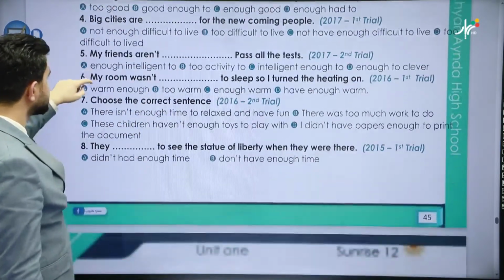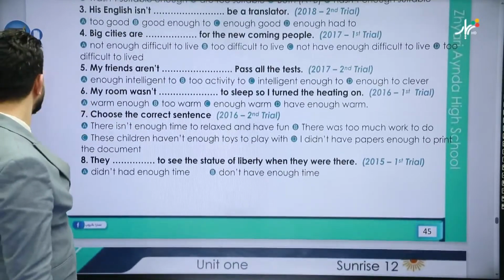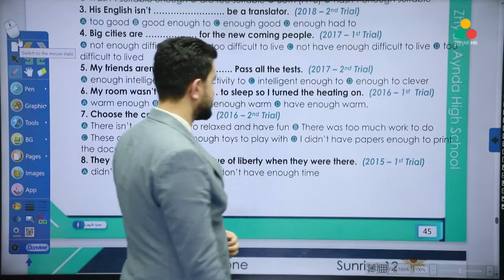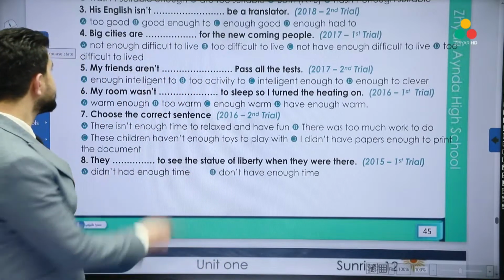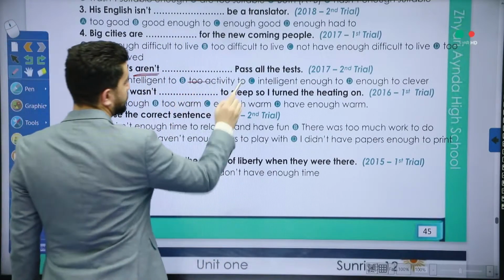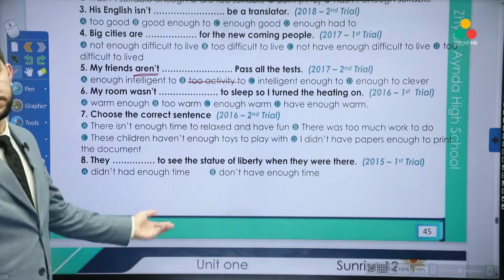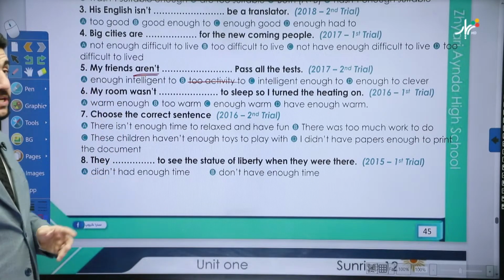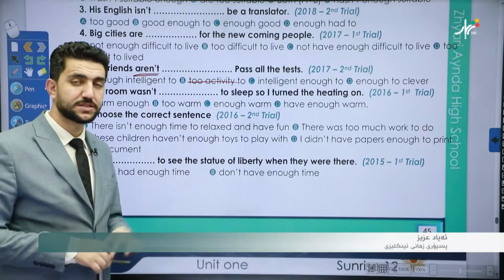Okay. Number 5. My friends aren't passed all the tests. Let's see. Since it's negative, drop the "to". It's negative. We don't need "to". Okay. Do we have there is, have and has?